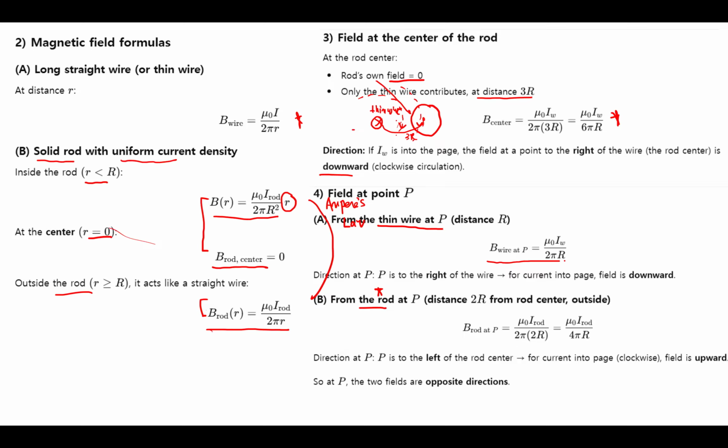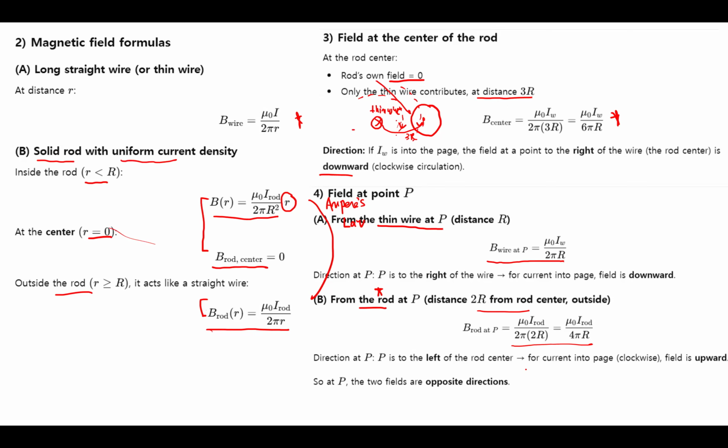The magnetic field at P from the wire is given by this one. And from the rod, P is at a distance 2r from the rod center, outside, and it's given by this one. Okay. If you look at this, P is to the left of the center, so with the current into the page, the field is upward.